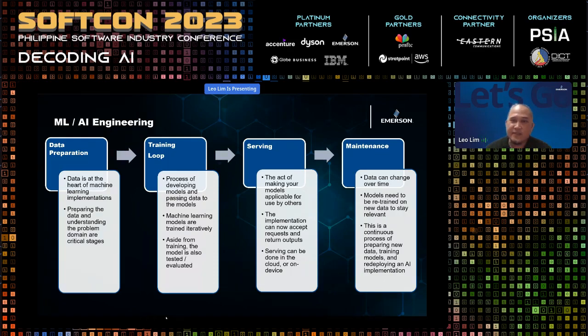So in this case, you need to train that model again using more updated articles, so that the results are more relevant to today's time. So maintaining models and AI is really a continuous process. And again, there are design patterns that you can use or refer to for continuing to redeploy your AI implementation, making sure it's updated. So these are the four basic steps in AI engineering.